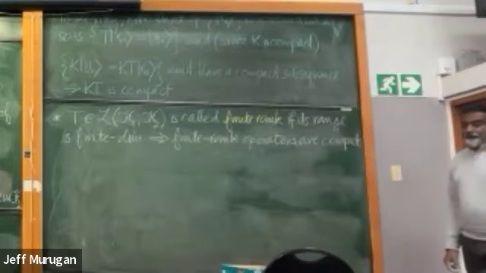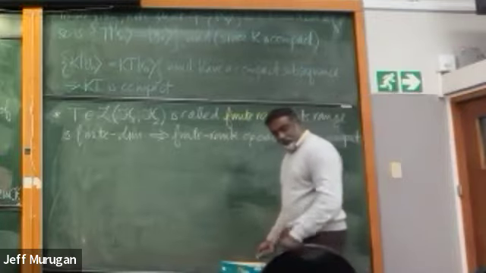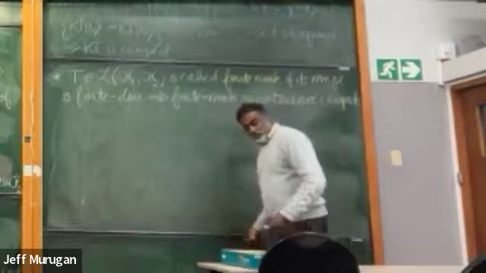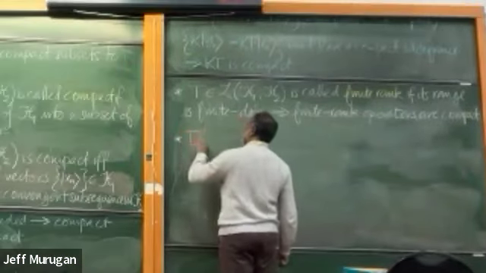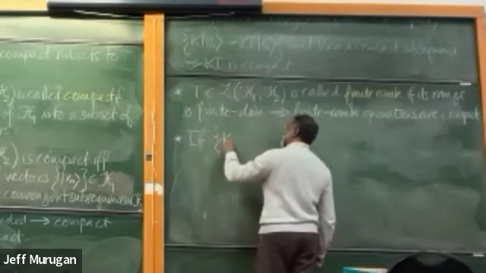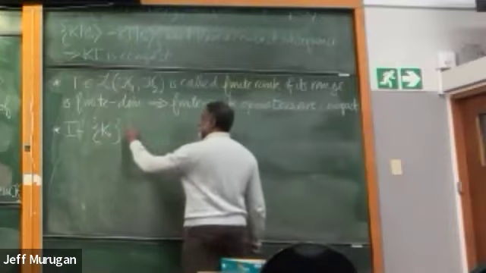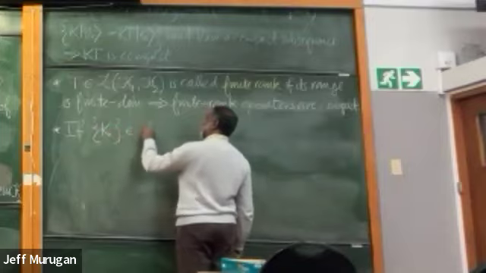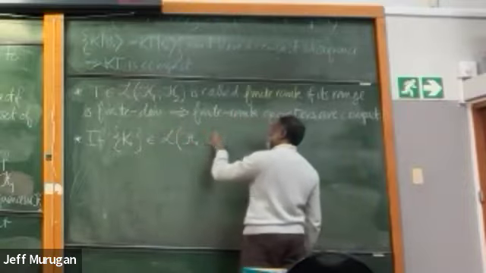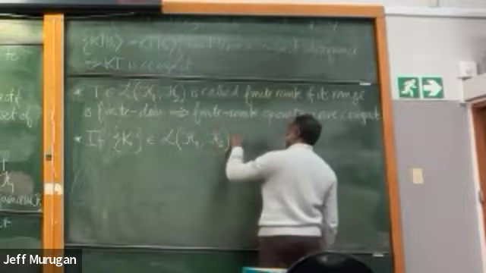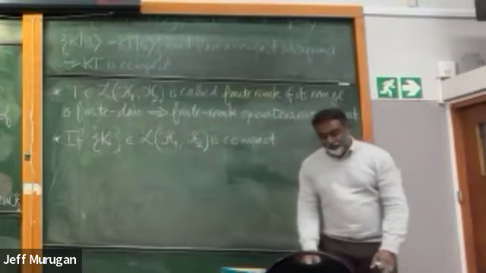Okay. So now suppose I have some sequence of operators that is compact. So here's a set of operators Kn living in the set of linear maps between H1 and H2. They're compact.